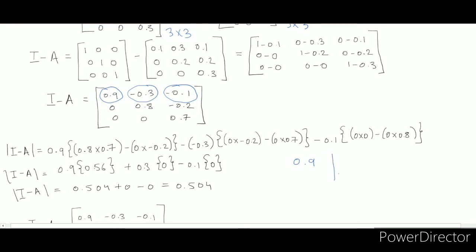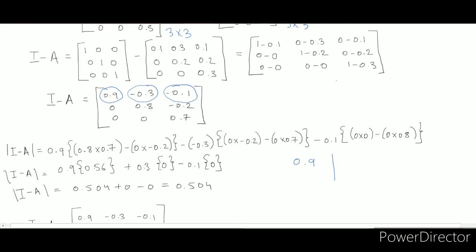Now what is a minor? A minor is nothing but a subdeterminant. And how do you find the subdeterminant? The elements which are left out after deleting the row and column where you find 0.9 are called the minors, or the subdeterminant, of that element. Let me use a different color.